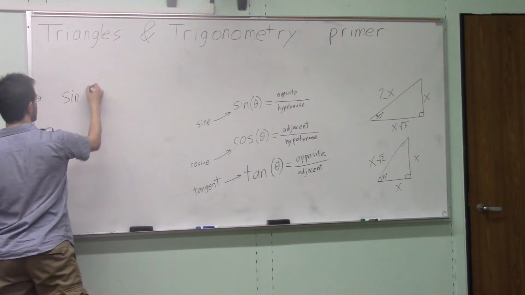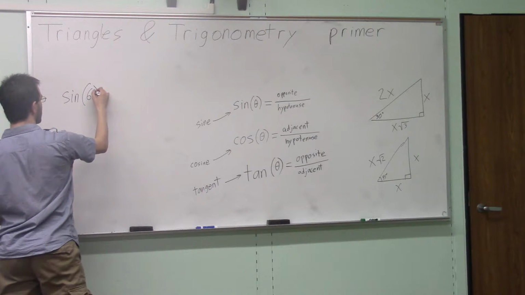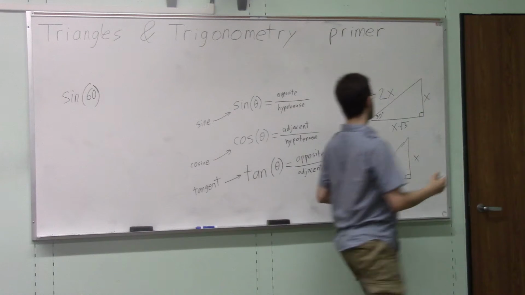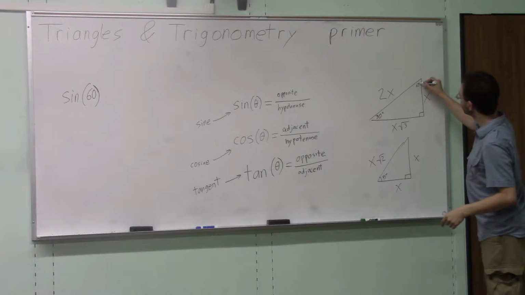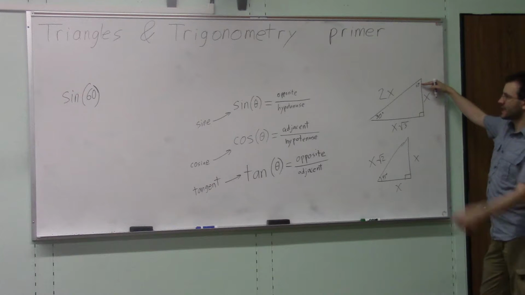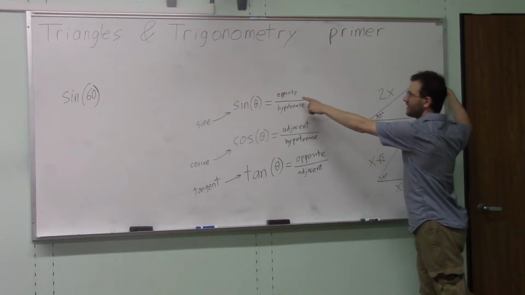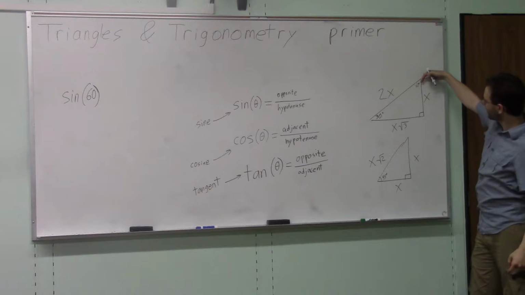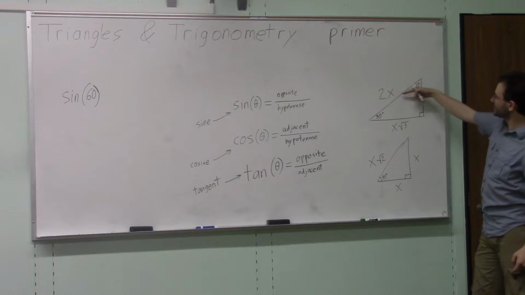In a triangle with a 60-degree angle, what is the situation? Well, from a 60-degree angle, the sine is the relationship between the opposite side and the hypotenuse. The opposite side from this angle is this, and the hypotenuse is that.